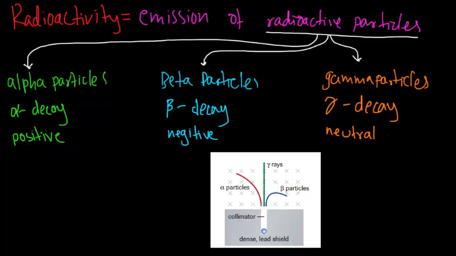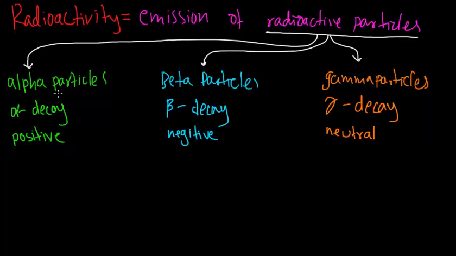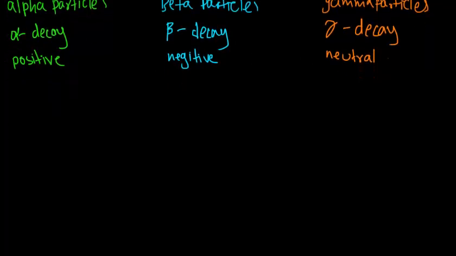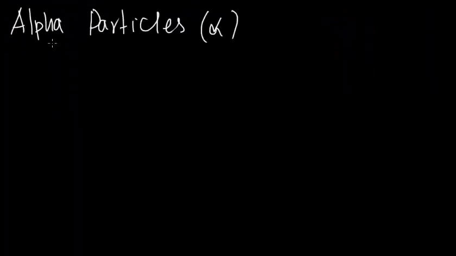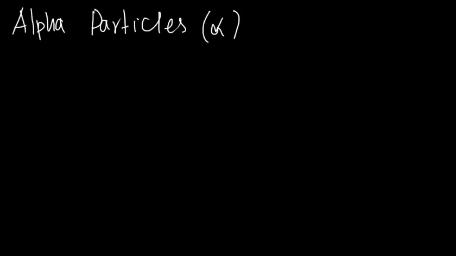Now let's discuss the alpha particles in a little bit more detail. So the alpha particles detected by Rutherford were found to consist of 2 protons and 2 neutrons. Since a helium nucleus consists of the same number of particles, we can say that the alpha particle is equivalent to a helium nucleus.